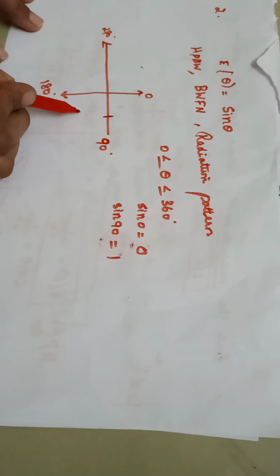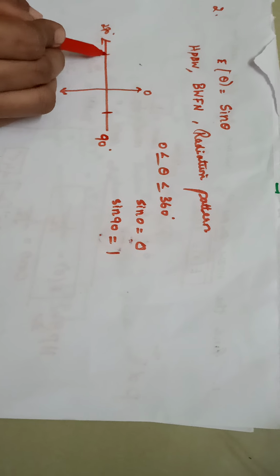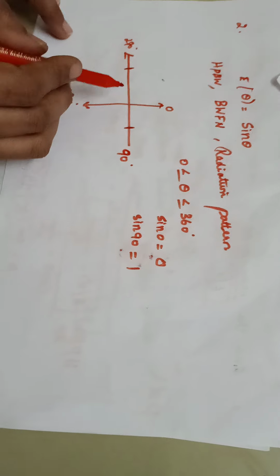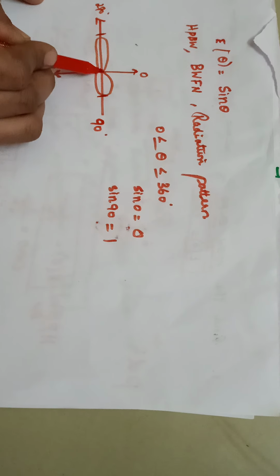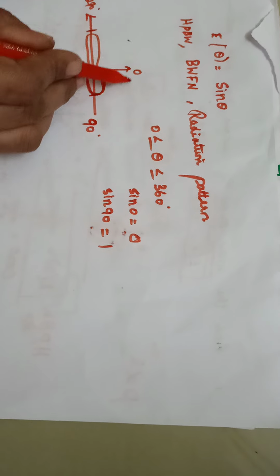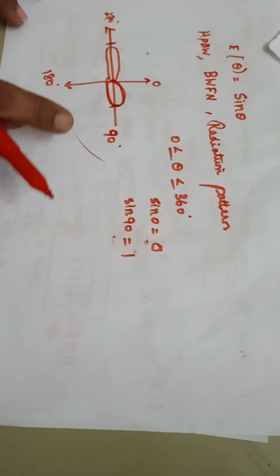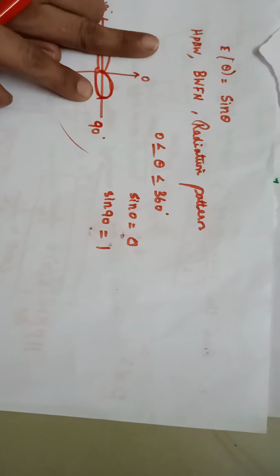Since I am taking one complete circle, that is 0 to 360, the next half will also be maximum here. So something like this will be your diagram. This is the maximum direction. These two ends you get because they have marked for the full circle. If they had given only 0 to 90, you would only mark this portion.